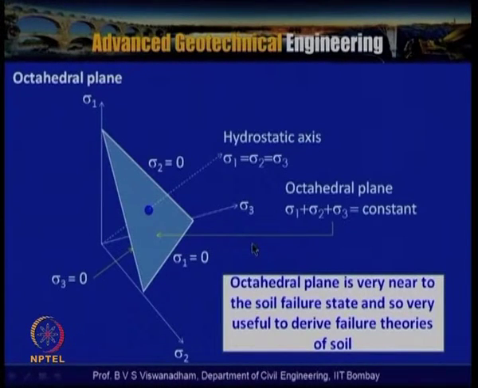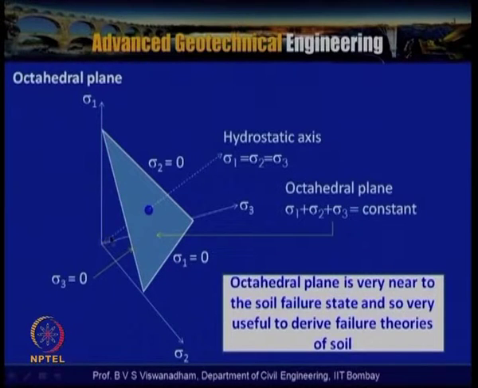So then we also have this octahedral plane, where if you have a sigma 1 axis, sigma 2 axis and sigma 3 axis, these lines indicate that sigma 3 is equal to 0 and sigma 2 is equal to 0 along this line, and this is sigma 1 dash equal to 0.